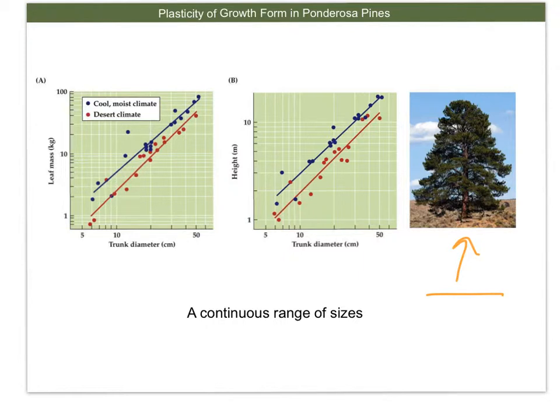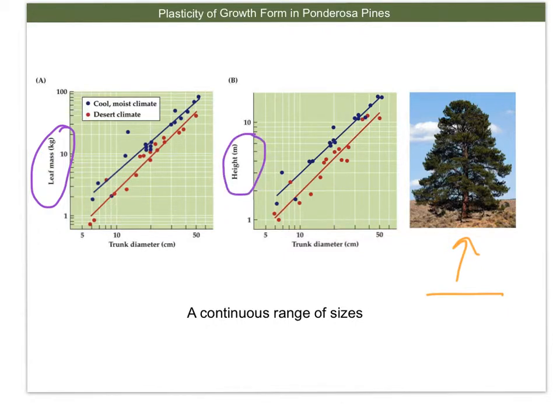So here we can see the blue lines are for cool, moist climates on both graphs, okay? And the red line is for those trees living in a desert kind of climate. So two different sets of environmental circumstances. And we can look at these ecological factors of leaf mass on the left or height of the tree on the right.